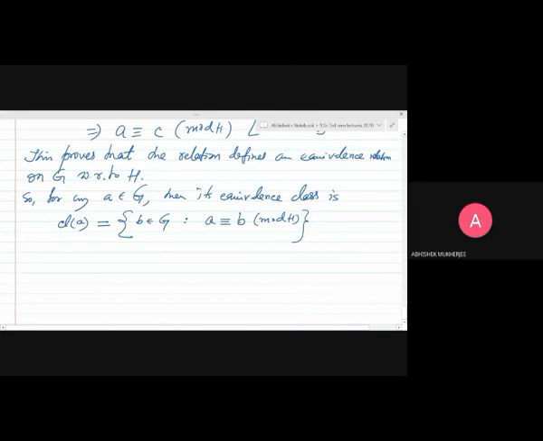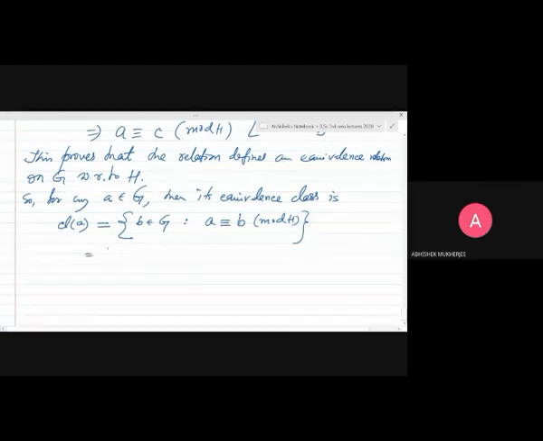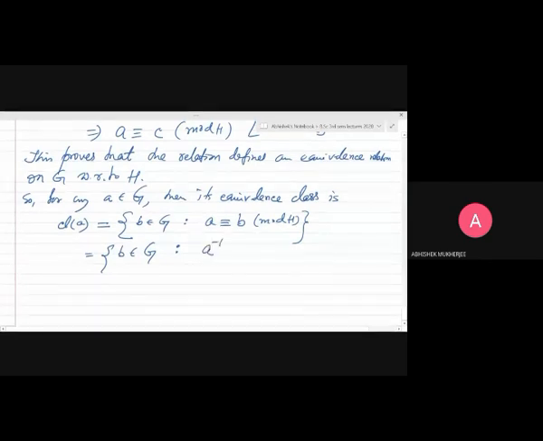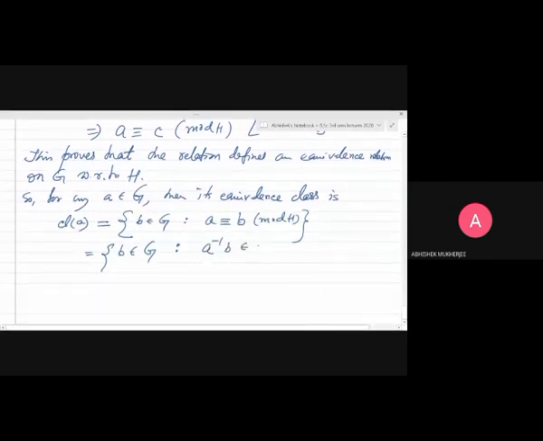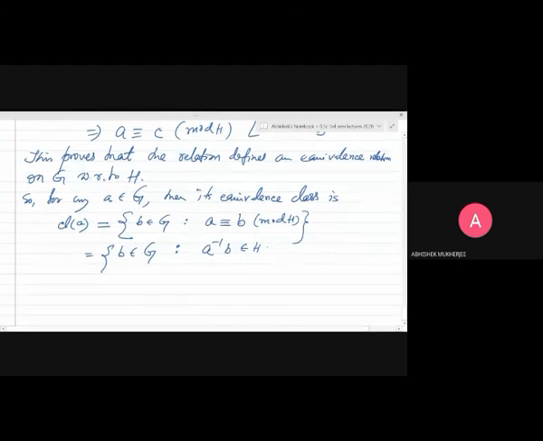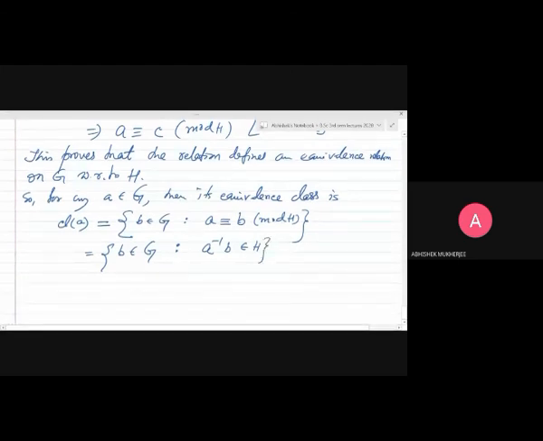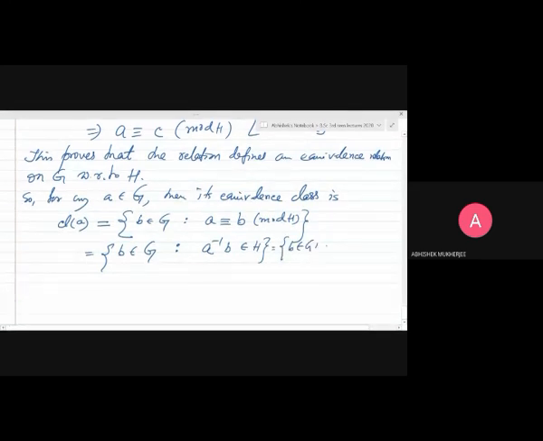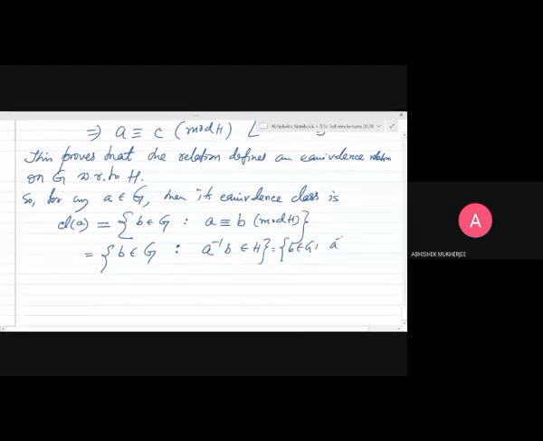So this class contains those elements which are congruent to a mod H. That means those b belonging to G such that a inverse b belongs to H, right? Those b for which a inverse b belongs to H. That means those b such that a inverse b equals h for some small h belonging to capital H, right?